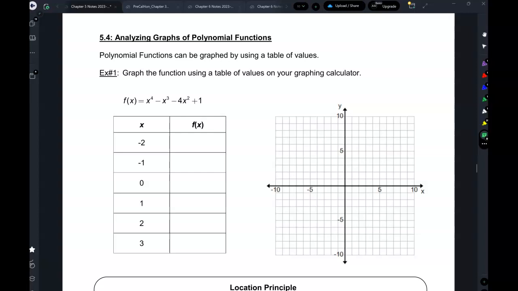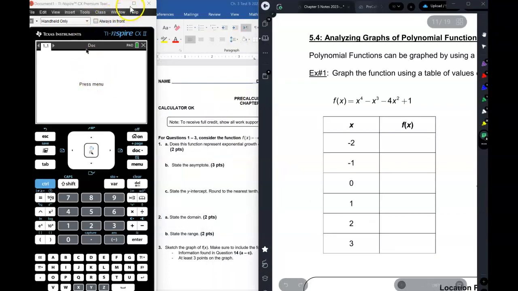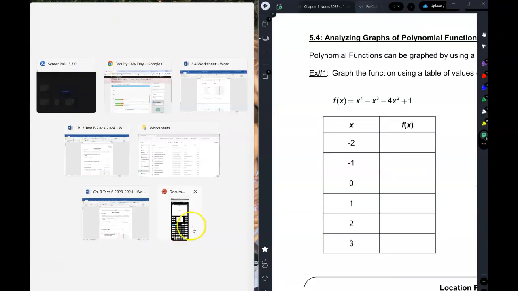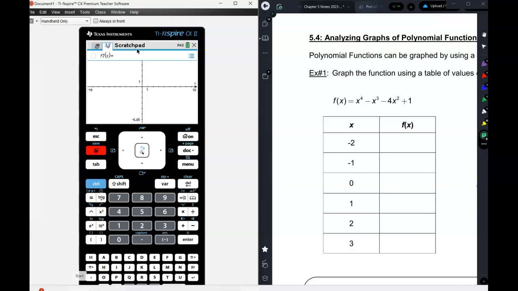However, both to show some work and to get some specific points on there, we're going to create a table. So let's go ahead and do that. Let's put this graph into f1 of x.